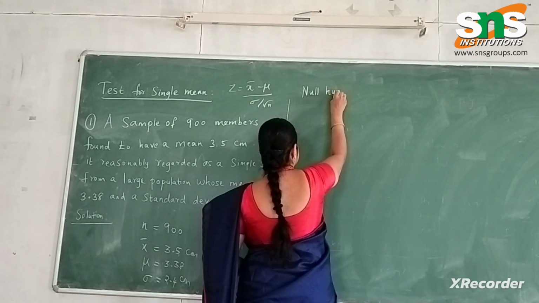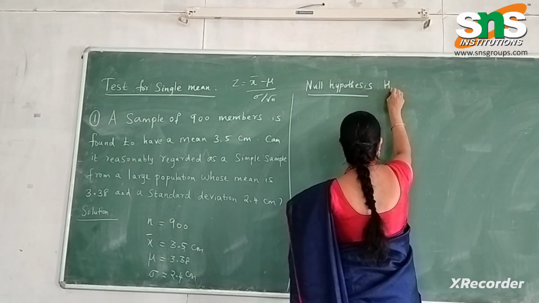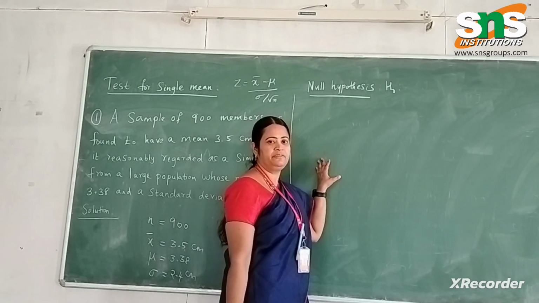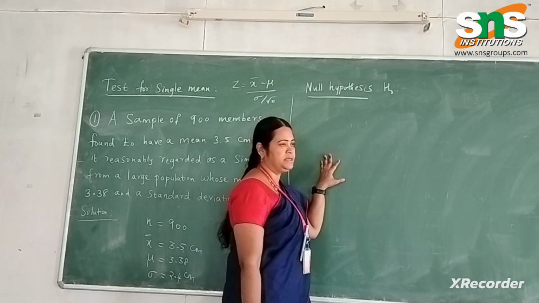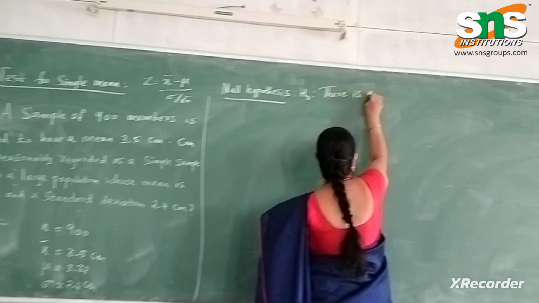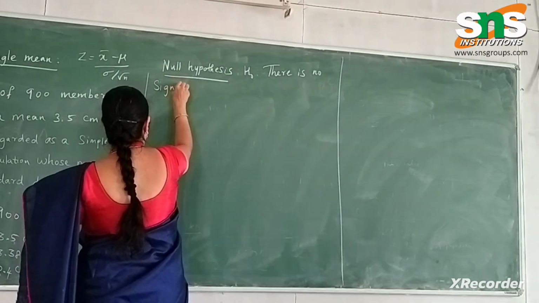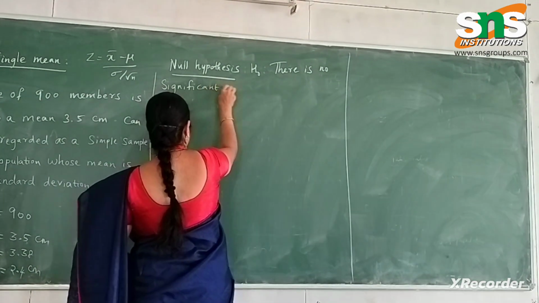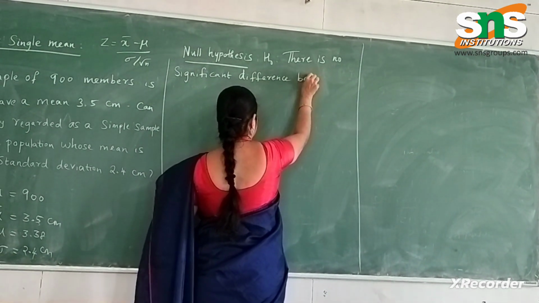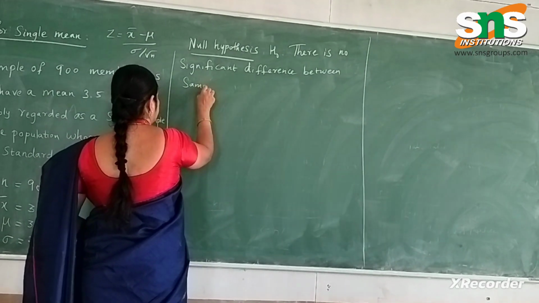So null hypothesis H naught. Always we are going to take H naught to be that there is no significant difference between the sample mean and population mean.